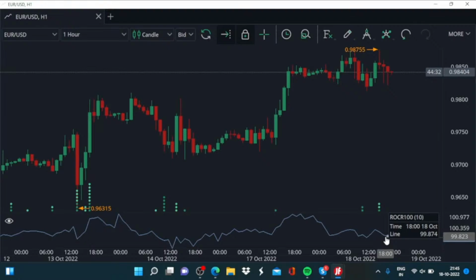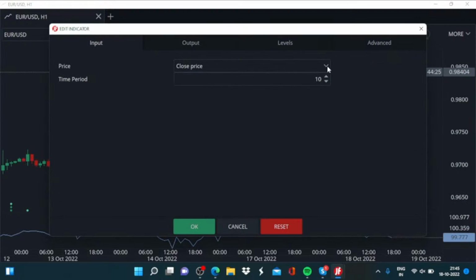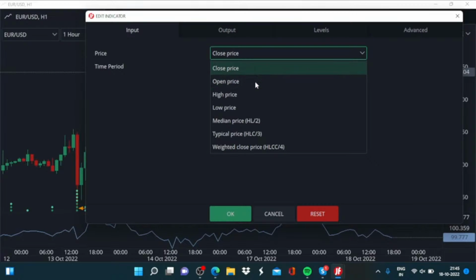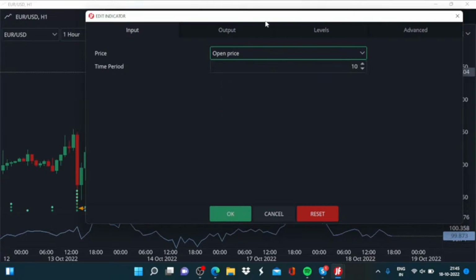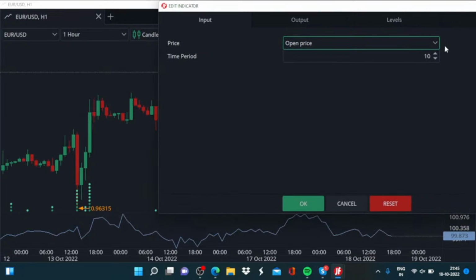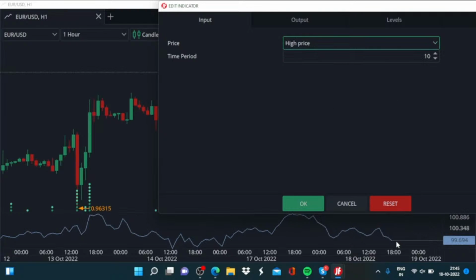Now reverting it back to ROCR 100, we have the input price being used for the calculation of this indicator. Close price, open price, high price, all these different types of prices can be utilized as the input prices, the applied prices, for the calculation of this indicator. So depending on the kind of applied price you use, you will have a slight difference in the output value of this indicator.